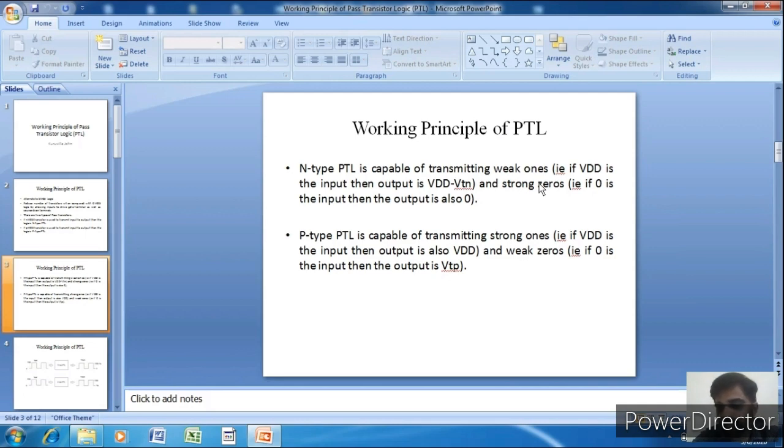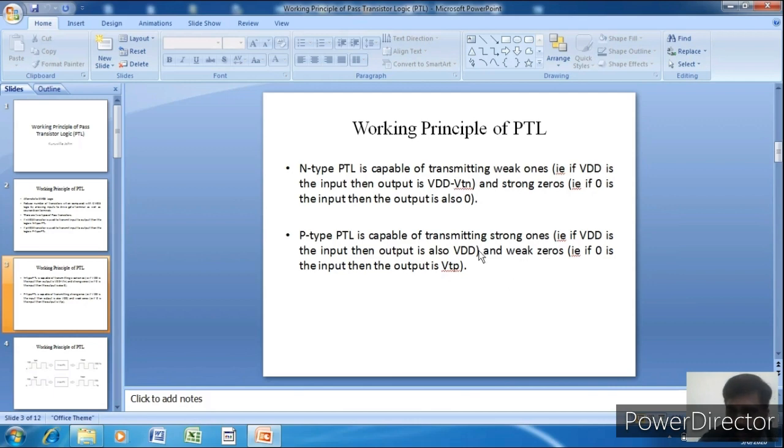That is, if VDD is the input, VDD minus VTN is the output. So that is the working principle behind an N-type pass transistor logic. It is capable of transmitting weak 1s and a strong 0. Weak 1 means VDD minus VTN.